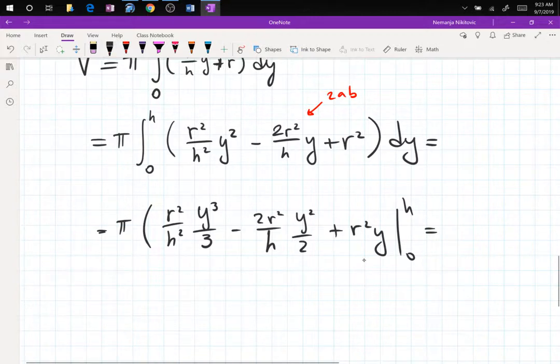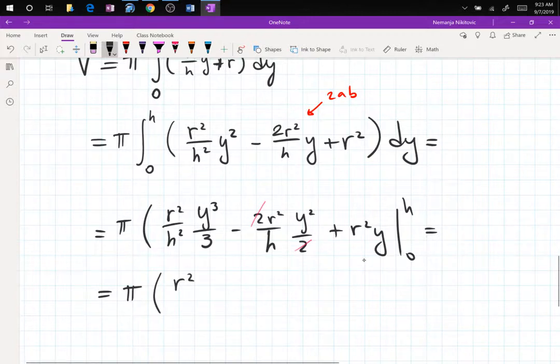So now, first we can cancel these 2's over here, right? And now we plug in h. When we plug in 0 for y, it's just going to kill all the terms, so we don't have to worry about 0. We just plug in h for every y. Don't forget pi in front.